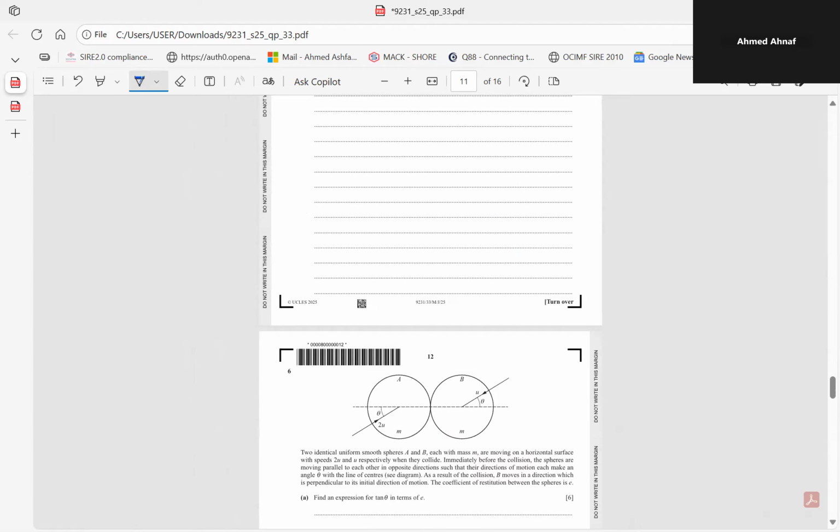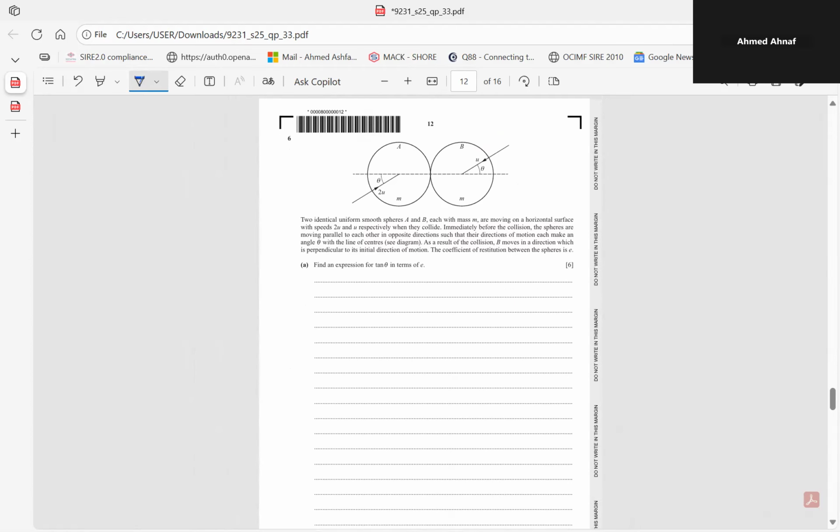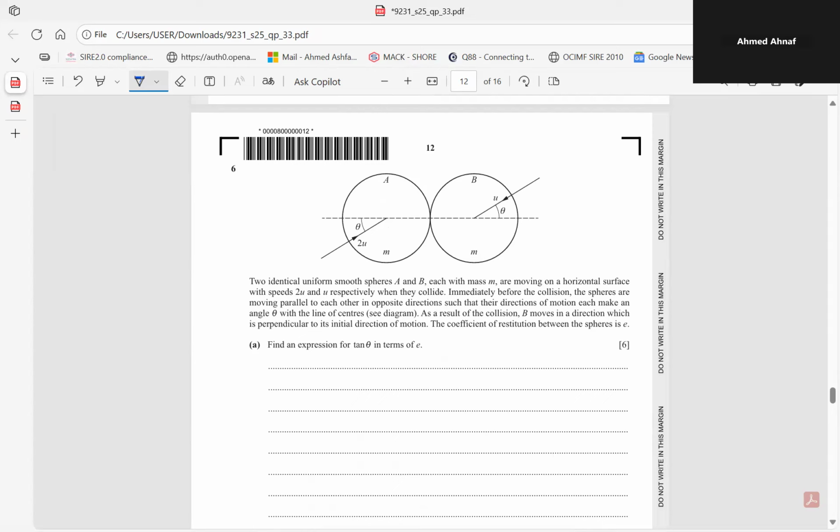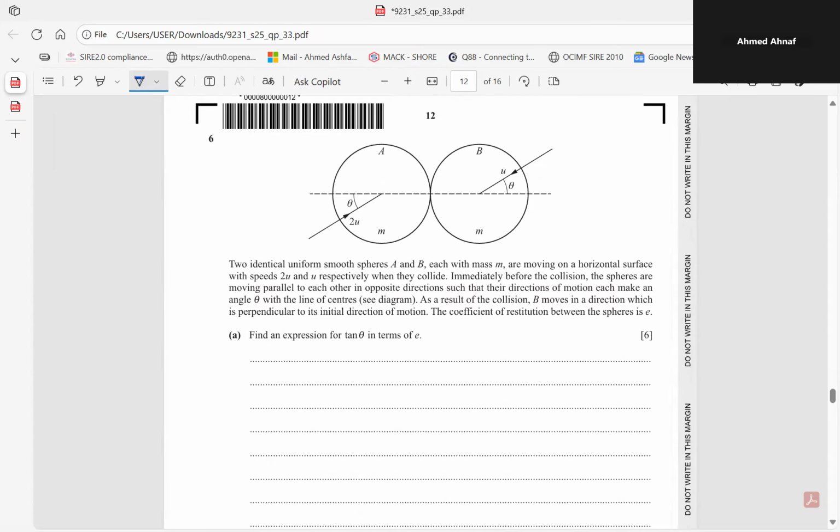Let's head on to the next question. Okay, so for this question, we are told that two identical uniform smooth spheres A and B, each with mass m, are moving on a horizontal surface with speeds 2u and u, respectively, when they collide.